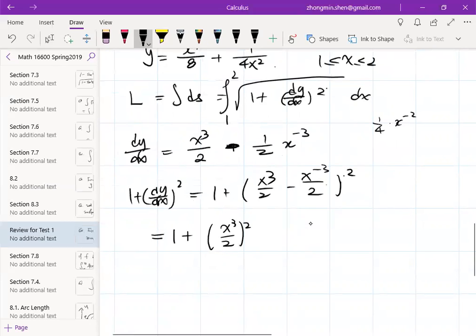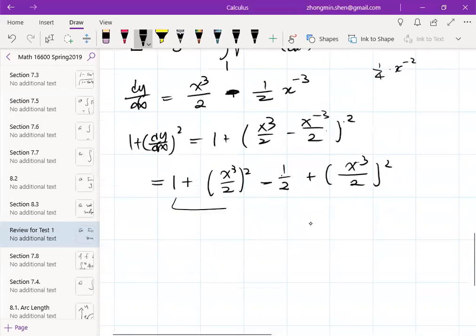Multiply by negative 2 times the product of those 2. Actually it will be 2 over 4, so still negative 1/2. Okay. Then this 2, you change the sign from negative 2 to positive 2. So there's no bigger difference, just from negative half 2 to positive half 2.